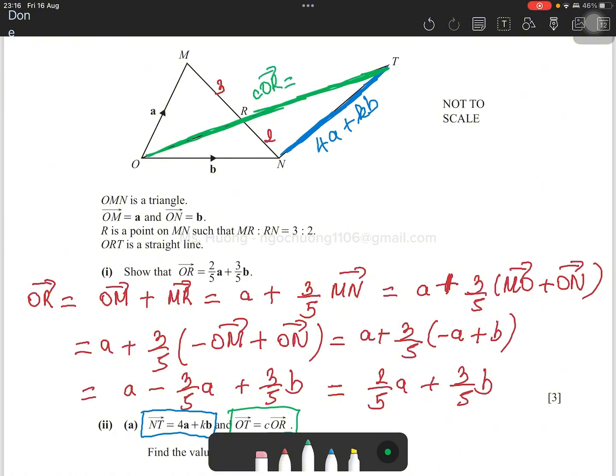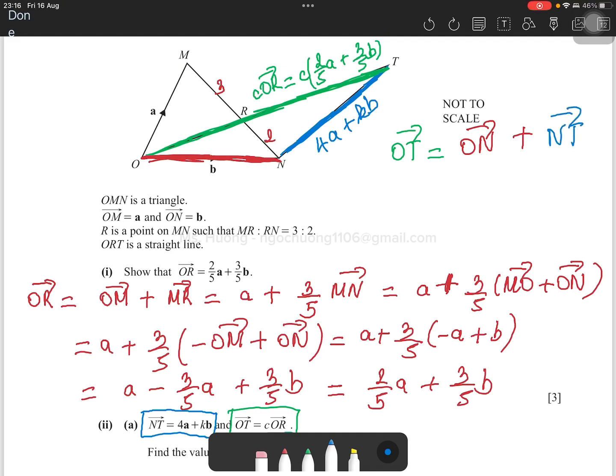And from question 1, you know that the vector OR is 2/5 of a plus 3/5 of b. And we also know that the vector ON is b. So we will use the relationship between these three vectors. Vector OT equals vector ON plus vector NT.